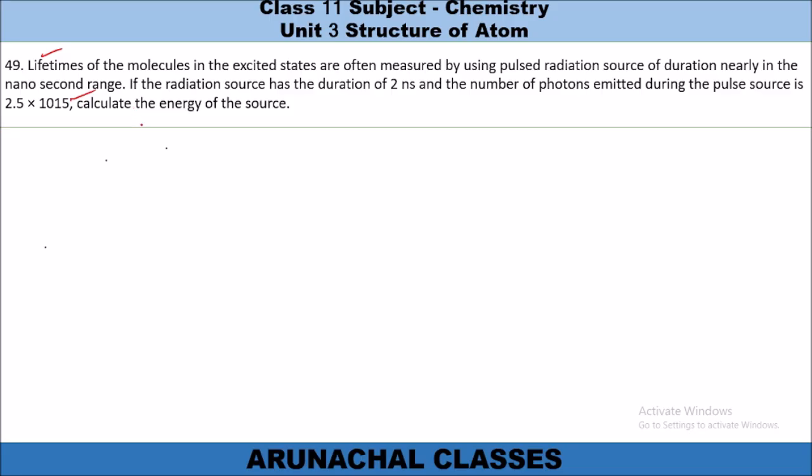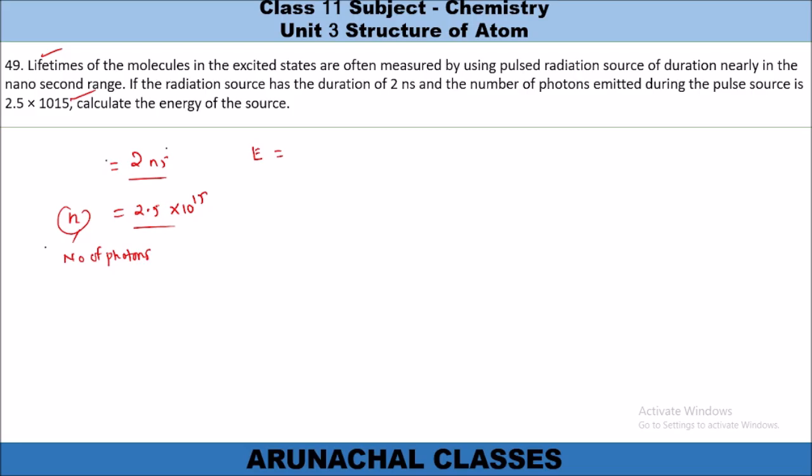If the radiation source has the duration of 2 nanosecond and the number of photons emitted during the pulse is 2.5 multiplied with 10 power 15, that is indicating the n value, that is the number of photons. Now we have to calculate the energy of the source.